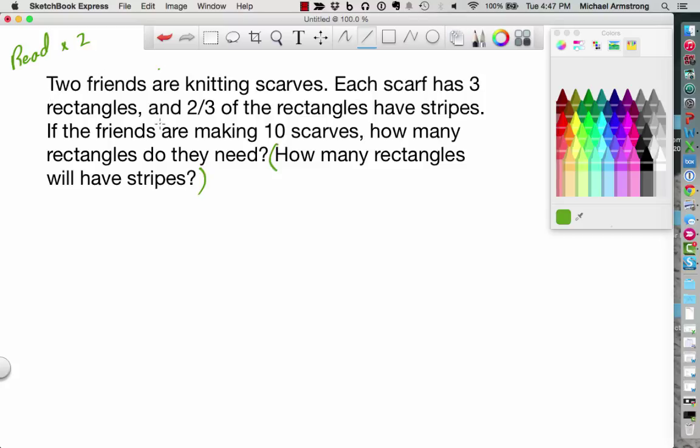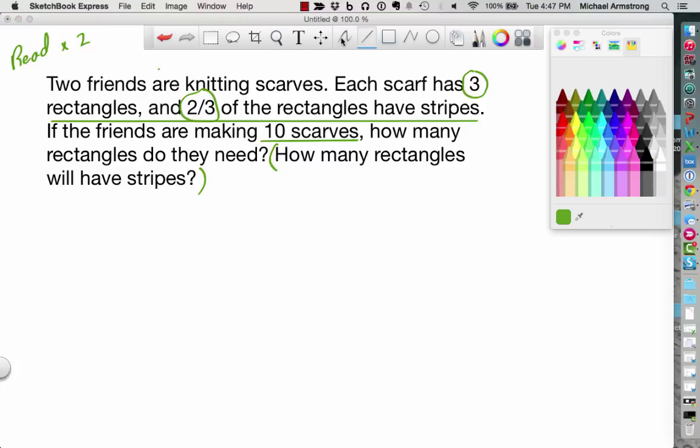Each scarf has 3 rectangles, and 2/3 of the rectangles have stripes. All right, so what would that look like? If the friends are making 10 scarves, so we need to know there's 10 scarves, how many rectangles do they need?